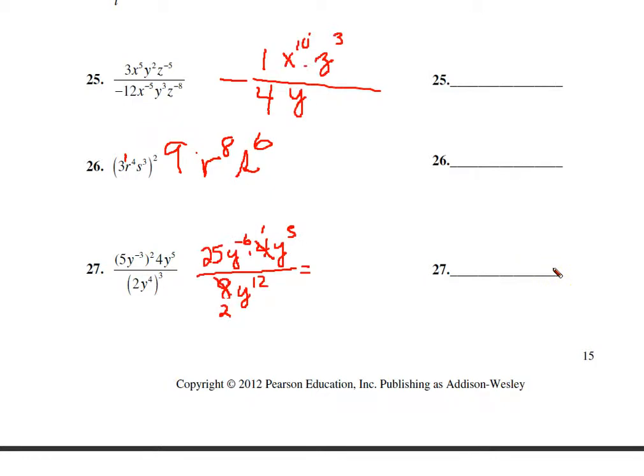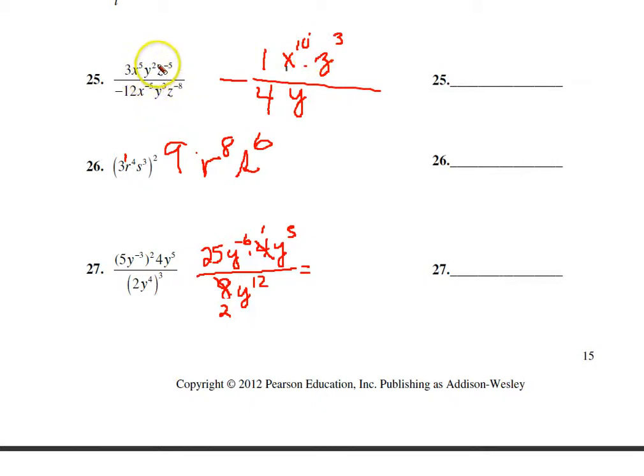Okay, I finished this top one up here. And let me show it to you. So we agreed that it would be negative 1/4. And then bringing the x to the negative 5 up, that became x to the 10th.